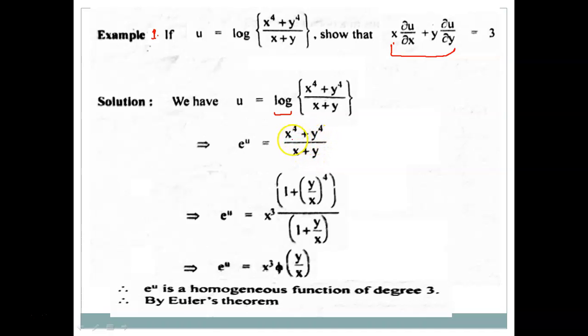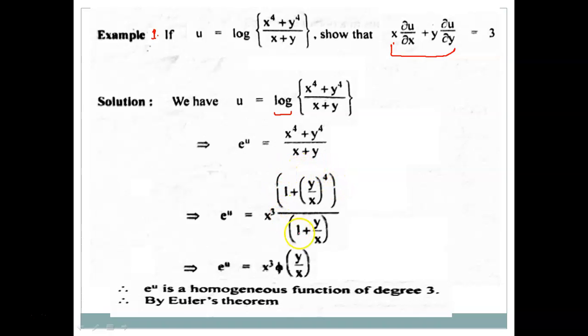Now from the numerator, if we take x4 outside, and from the denominator we take x outside, we are left with 1 plus y by x4 in the numerator, and 1 plus y by x in the denominator. In the numerator there was x4 and in the denominator we had x, so we are left with x raised to power 3, and the rest of the expression is in the form of the variable y by x.